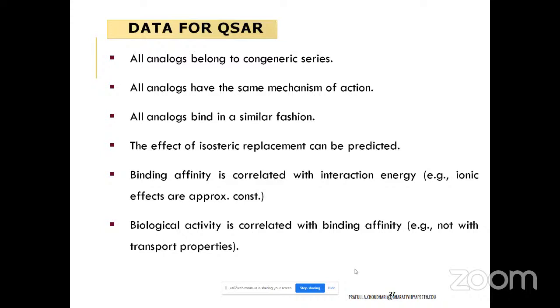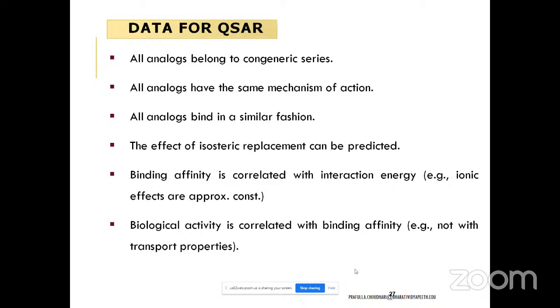Now, after the discussion of the rationale for the QSR, how can one select the data? At the start of our discussion, we discussed the importance of correct data, how good data can lead to precise results, or you can say good chemoinformatical approaches.